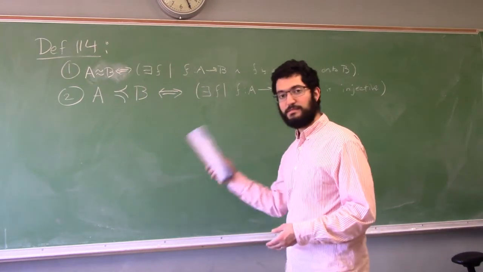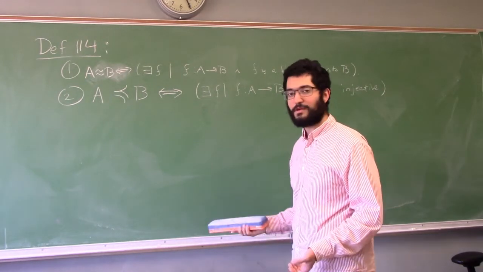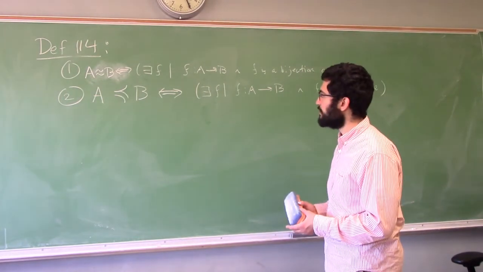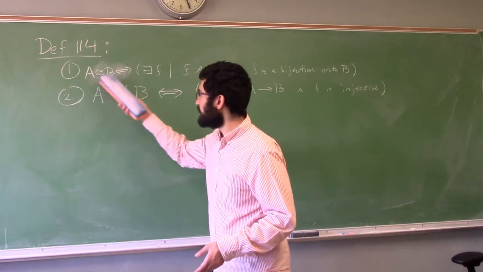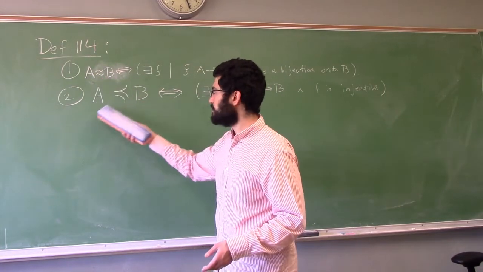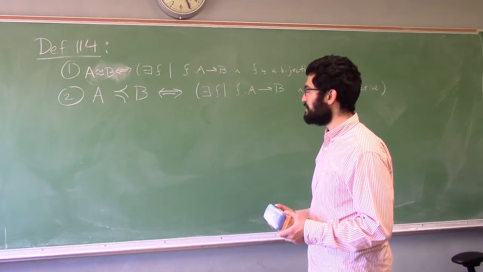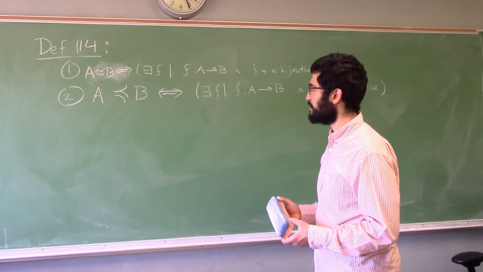We could have made these definitions before we defined the numbers. So numbers are not needed to talk about having the same number of elements as another set, or having at least as many elements as another set. I think that's really interesting that you don't need numbers to talk about this.